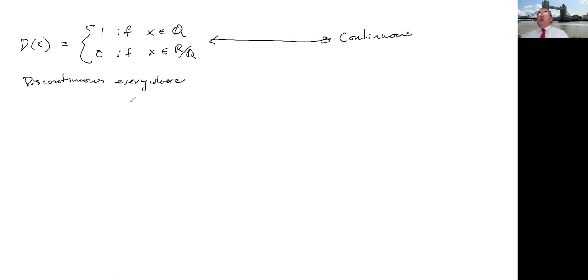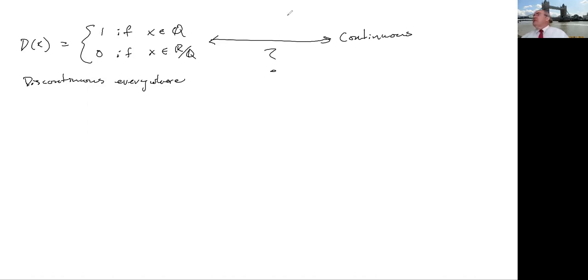So between being continuous everywhere and being discontinuous everywhere, there's obviously a lot in between. That's where the real question comes in: which functions in between these two are Riemann integrable, and which ones aren't? Could we classify which ones are and which ones aren't?